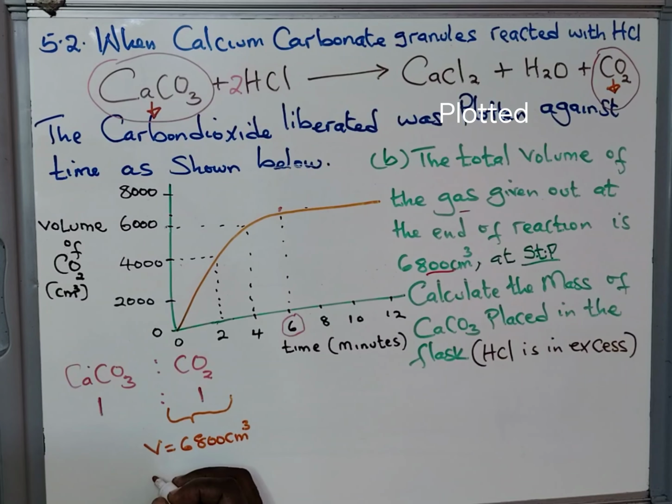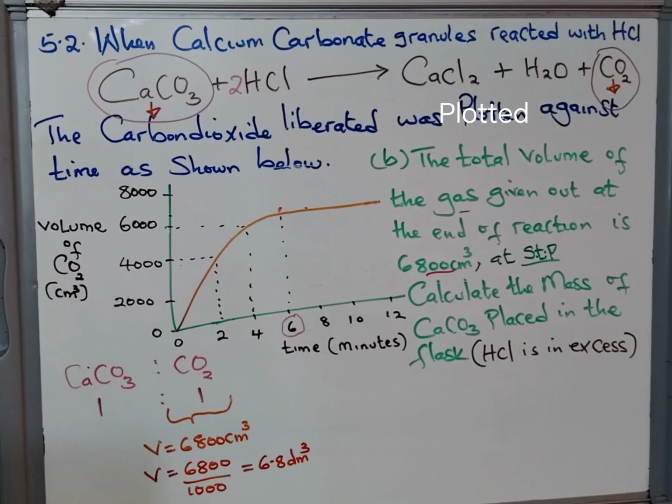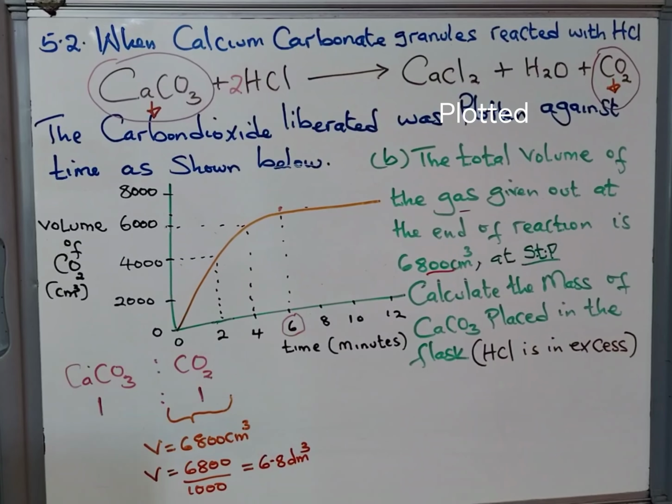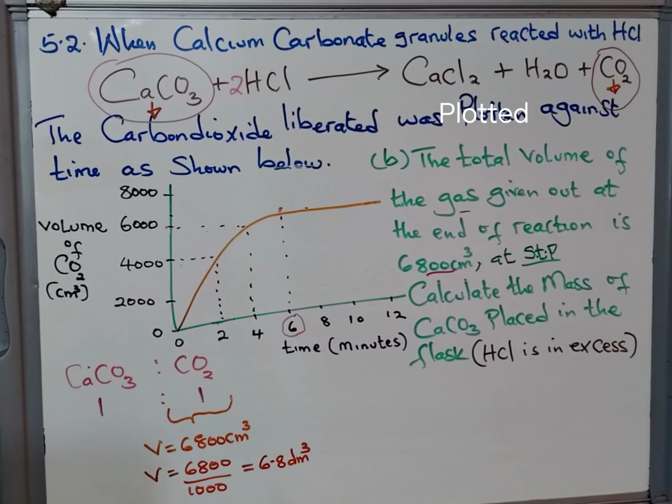We might prefer to change it to cubic decimeter by dividing it by 1,000. So we're going to say V is equal to 6,800 divided by 1,000. So that's what you get, 6.8 cubic decimeter.